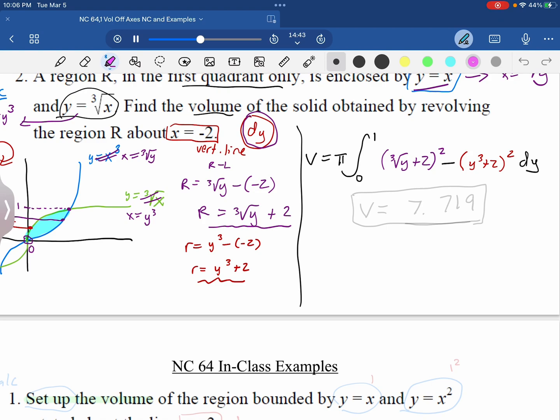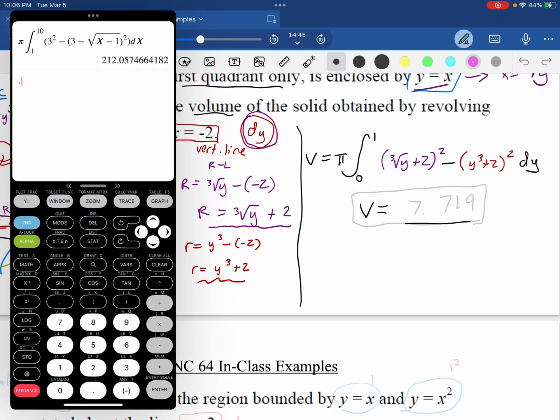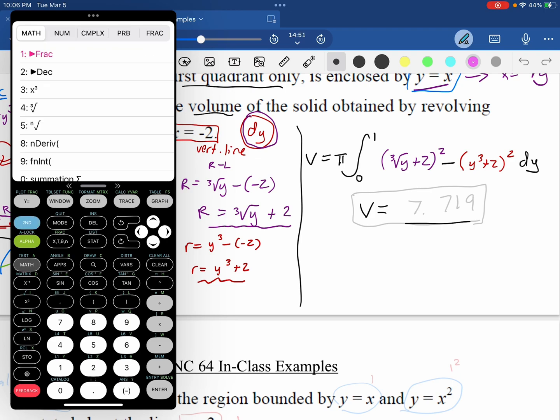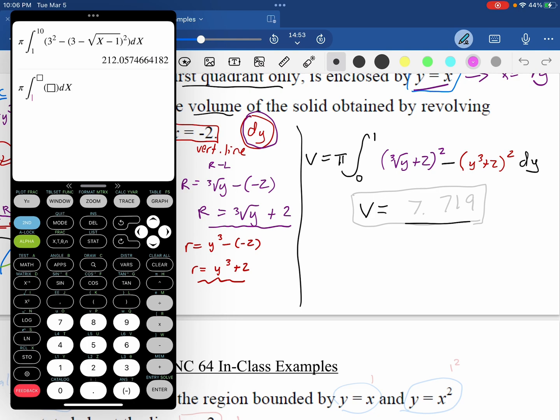And then because this is Calc Aloud, we can go ahead and evaluate that on the calculator. Remember, when you're typing it, you can just put x's for the variables instead of y's. Don't forget to put the pi out front. So we're going 0 to 1. Be really careful of the parentheses. So parentheses, cube root of x. Remember, you find that under the math menu, option 4.